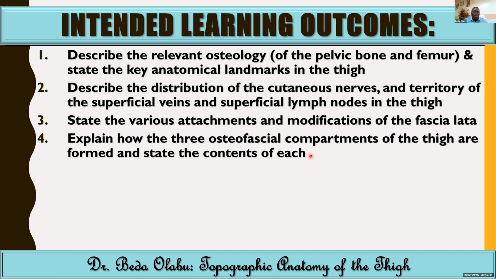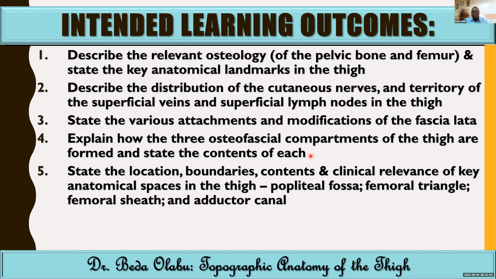These compartments are made by fascia and bone, and some call them osteofascial compartments. They are the ones that carry the muscles of the thigh. We look at these compartments, there are three. We look at how they come about. We look at the contents of each compartment, principally focusing on the muscles and perhaps their nerve supply.